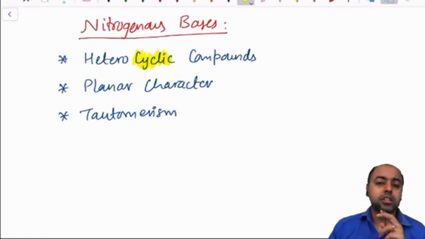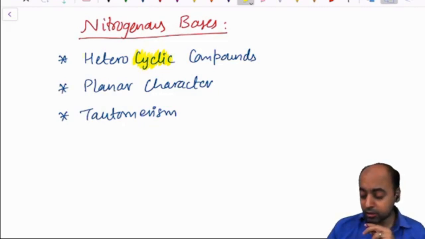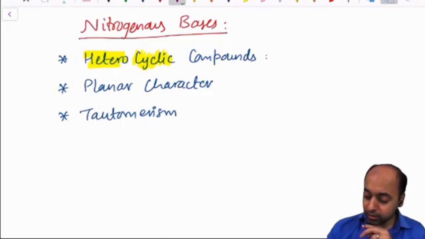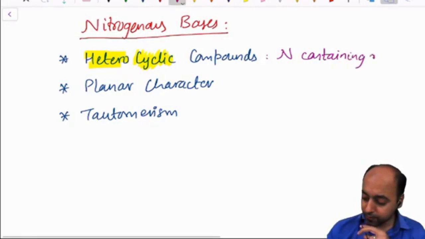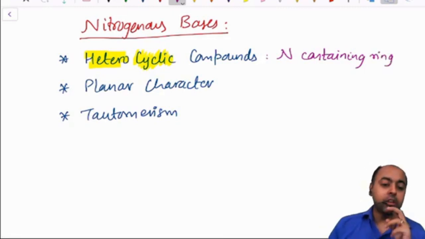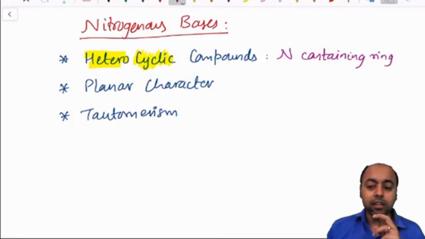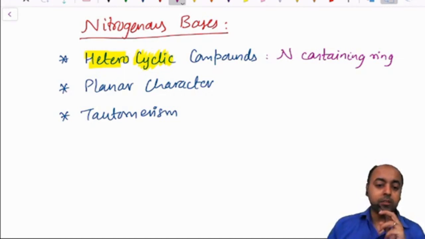Typically in a ring structure we only have carbon, but here in the ring there will be atoms other than carbon, and therefore the term hetero is used. If you look, you'll find that the ring contains nitrogen. That's why we call it a heterocyclic compound, a nitrogen containing ring structure.